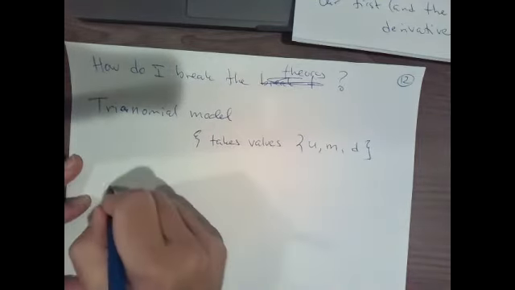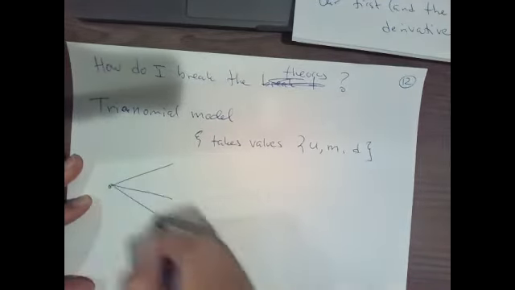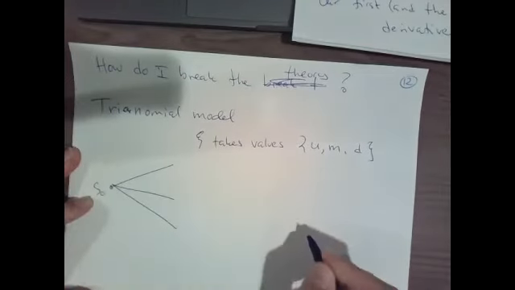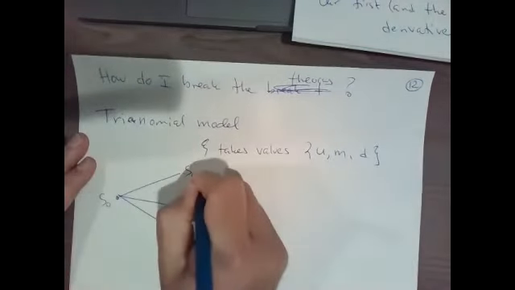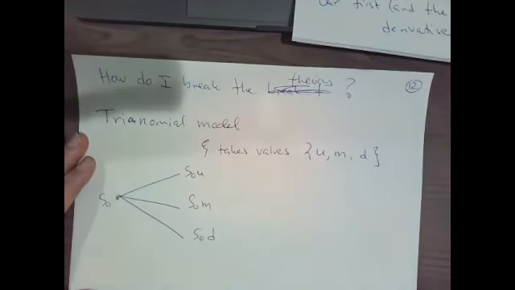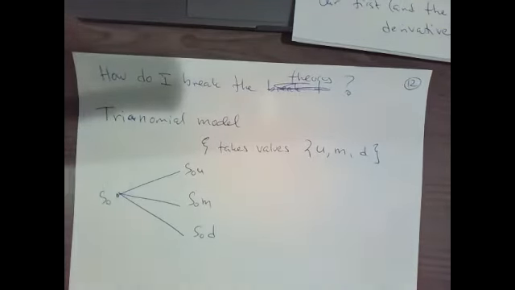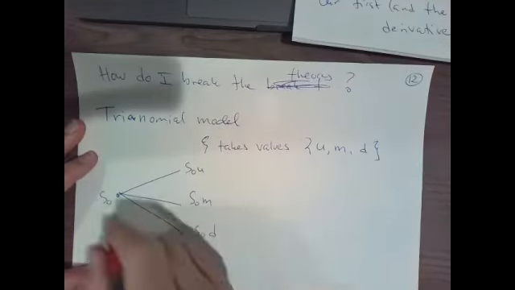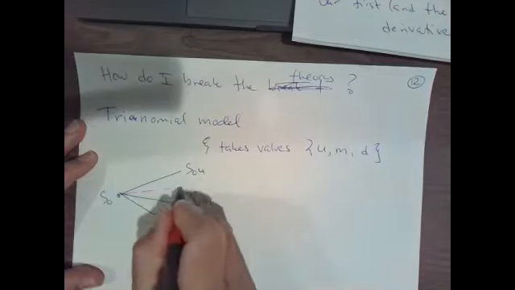And then I'll look at a picture. So this is my S0. And this is my S0 U, S0 mid, and S0 down. And so to get no arbitrage, I need to put my interest rate somewhere in between. Okay, so let's say that the interest rate sits here.